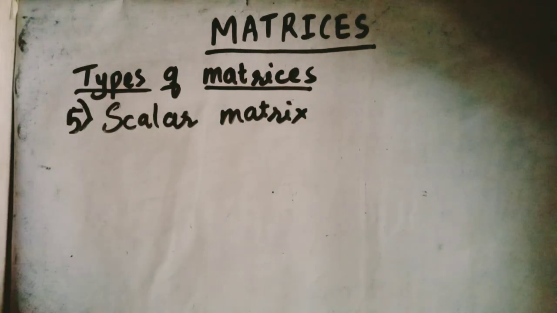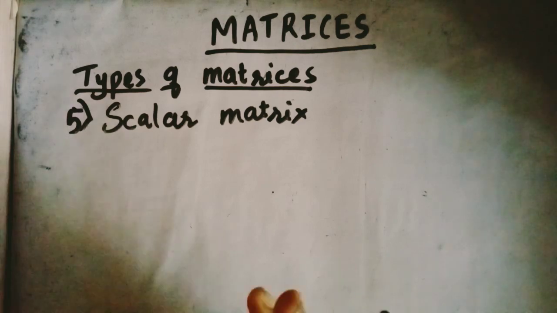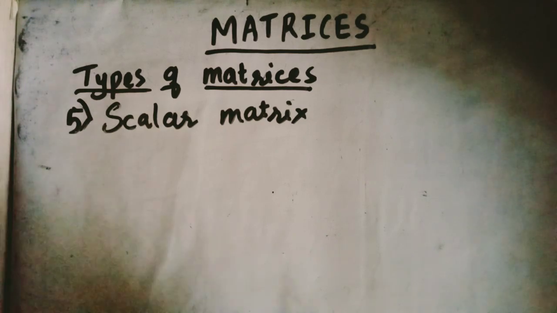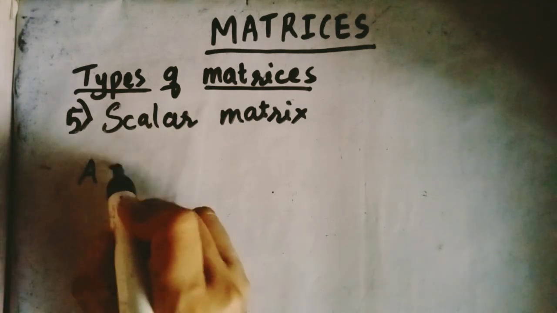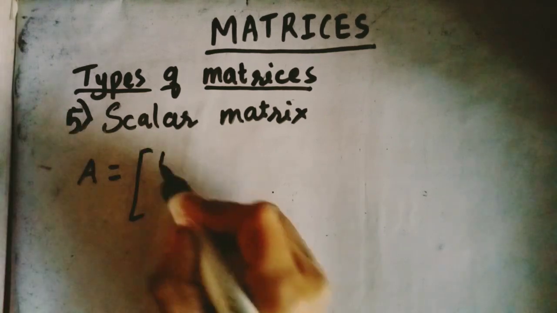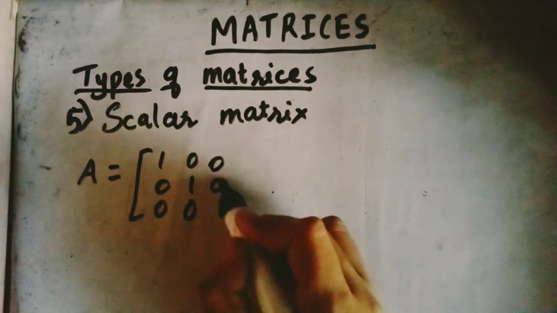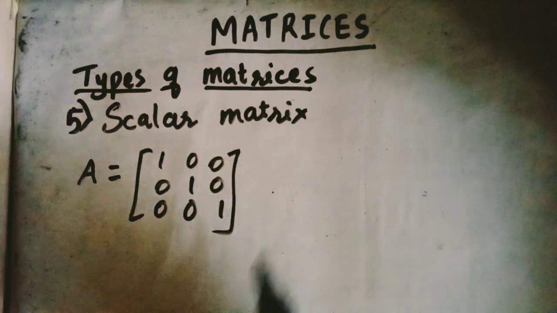Next one is the scalar matrix. A scalar matrix is again a square matrix and it is a diagonal matrix, but with a special property: all the diagonal elements are the same. So A can be written as 1 1 1 on the diagonal. All the elements on the diagonal should be the same.